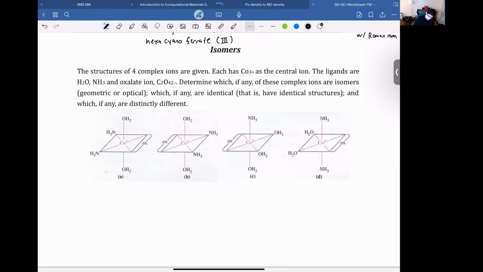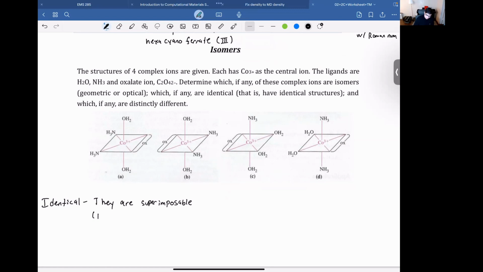So the first thing is, what does it mean for things to be identical? When two things are identical, what we say is that they are superimposable. The objects, in this case, the molecules, are superimposable.